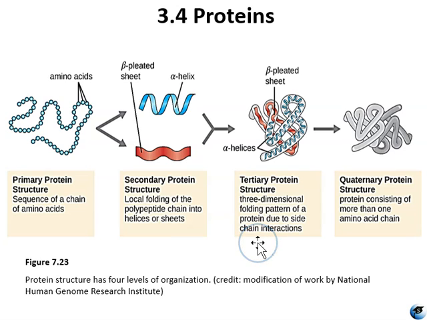Tertiary protein structure is 3-dimensional folding pattern, and the main difference between secondary and tertiary is because tertiary is involving side chain interactions at this point. So it's not just folded in on itself. It's like 3-dimensional folding. And then the quaternary structure is when you have more than one primary structure that's folded together. So it's more than one chain of amino acids.